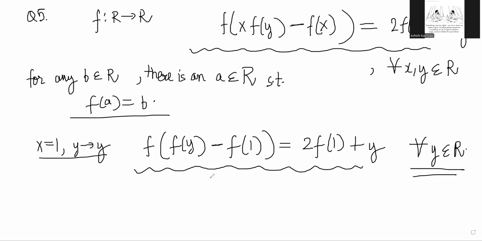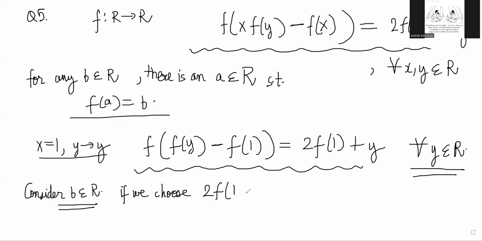So now consider b as a real number. And what we will do is if we choose 2f of 1 plus y, the right hand side of this equation, to be equal to b.